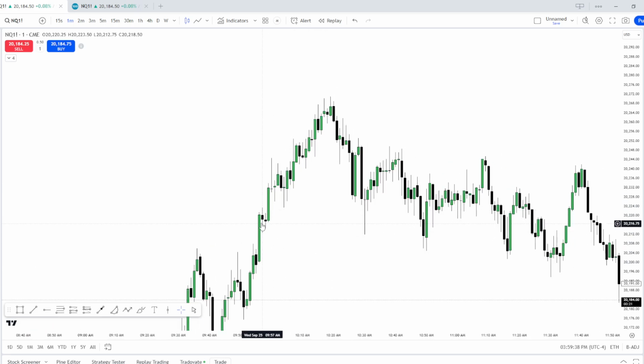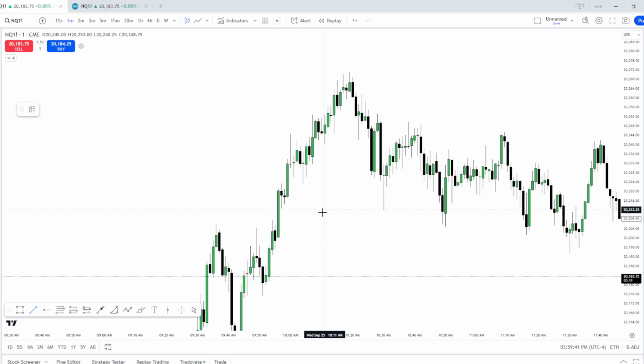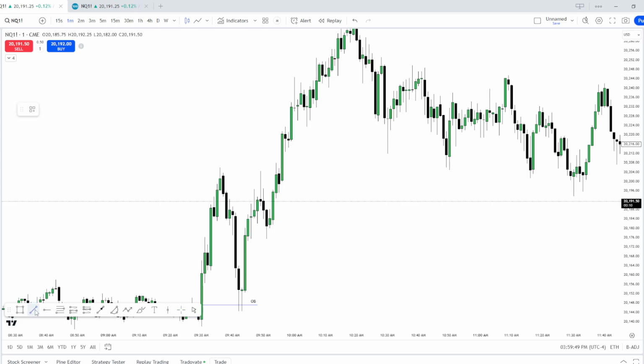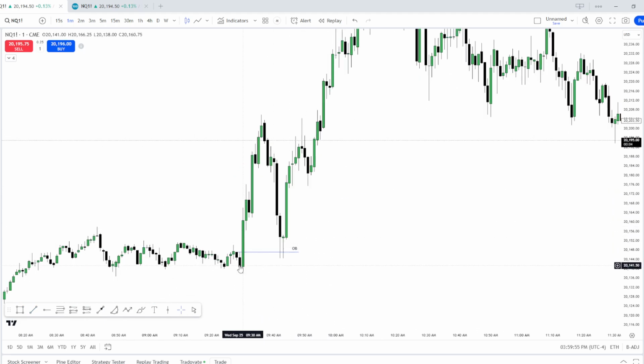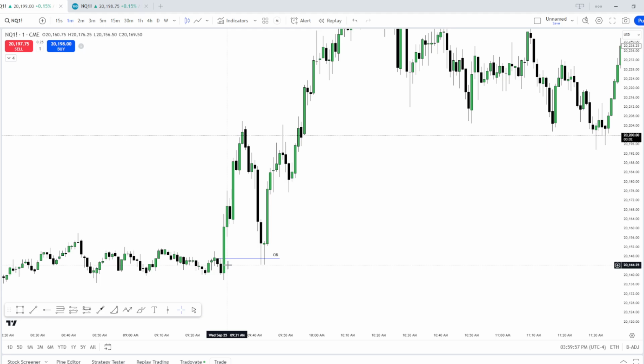Same way, if we just keep going up, we have this bearish candle right here before this move up. Technically, you could classify this as an order block. A lot of the time, when I'm looking at my order blocks, I like to look at the one that really started the move. Ultimately, the best one would be down here, where we first had this initial move up.